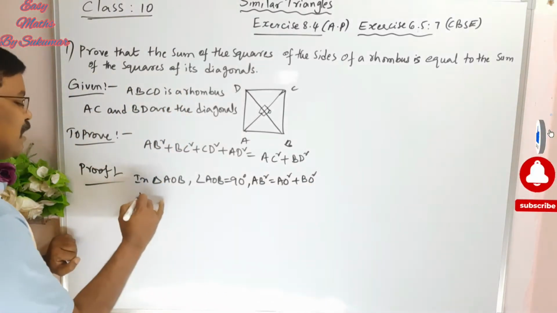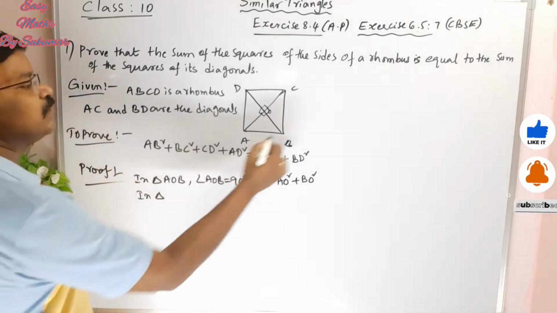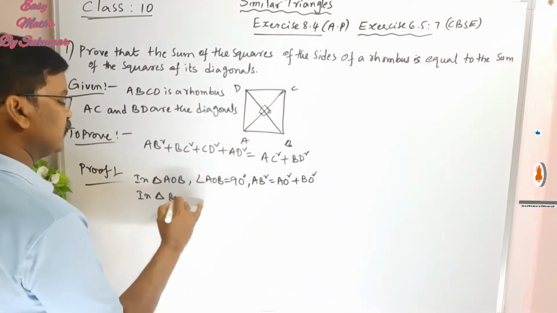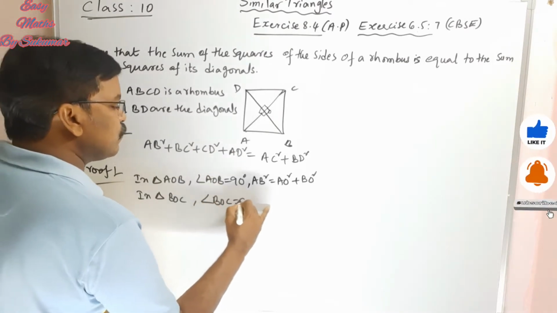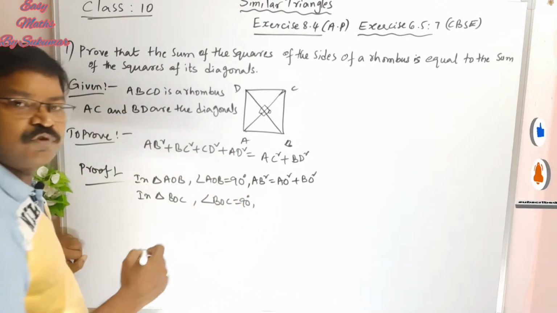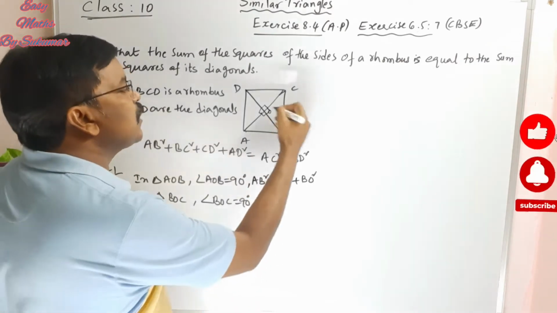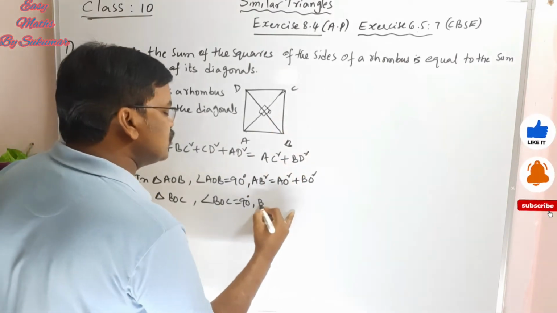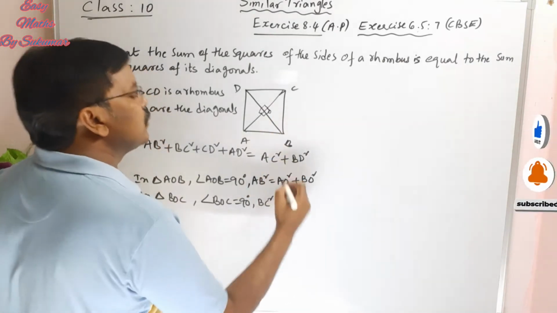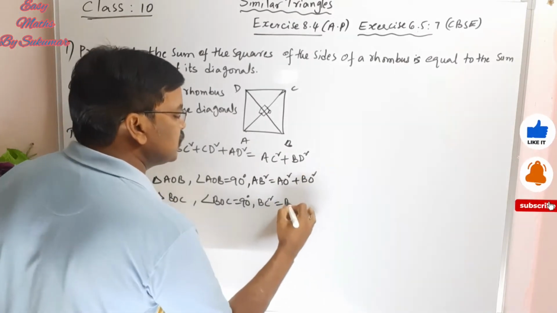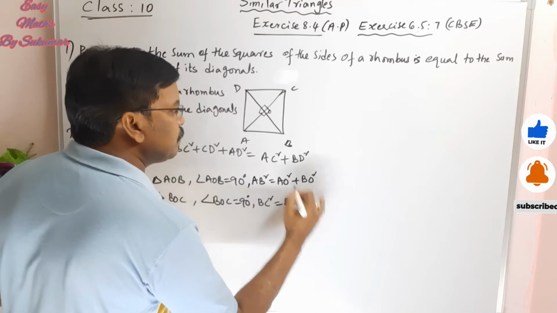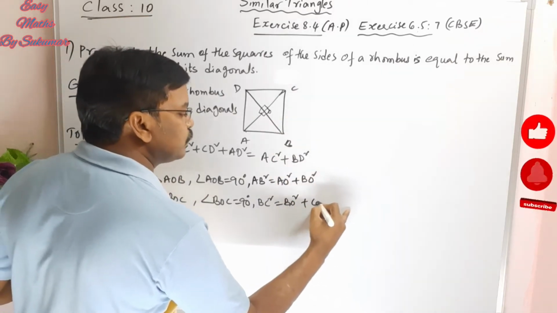Coming to the other triangle, in triangle BOC, angle BOC is equal to 90 degrees. Therefore, the hypotenuse is BC. So BC square is equal to BO square plus CO square.